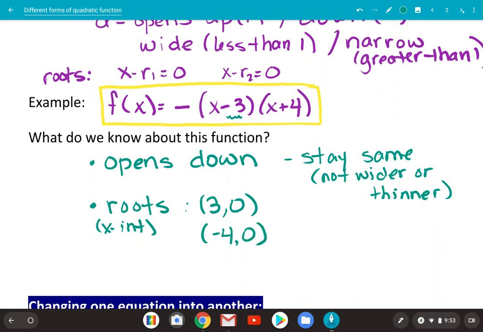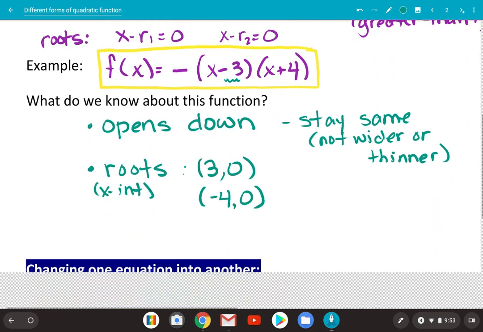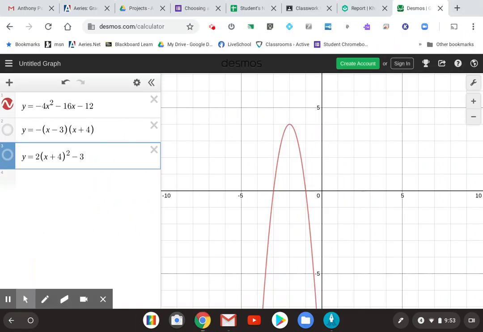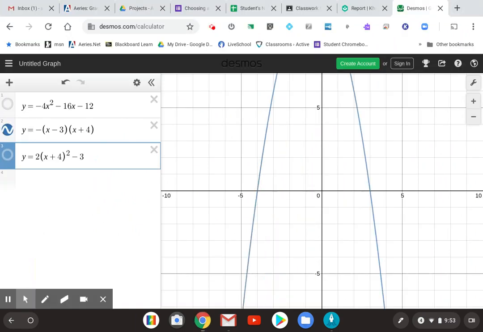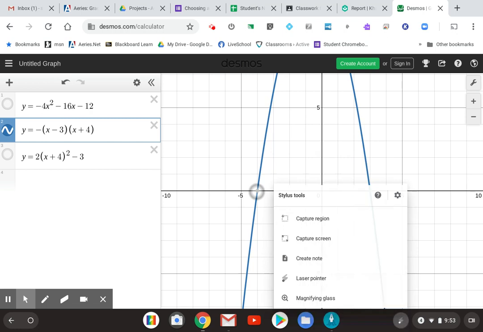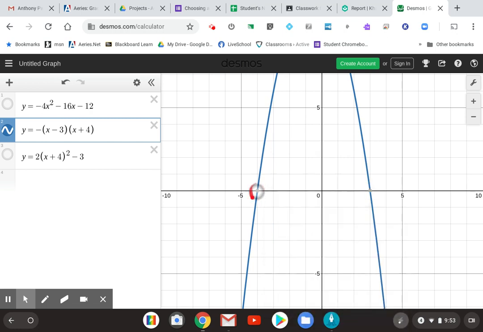That's how we do it. And if you wanted to check it, we could. So I actually have it up. If we look at it here, we can see it's crossing at negative 4 and positive 3.